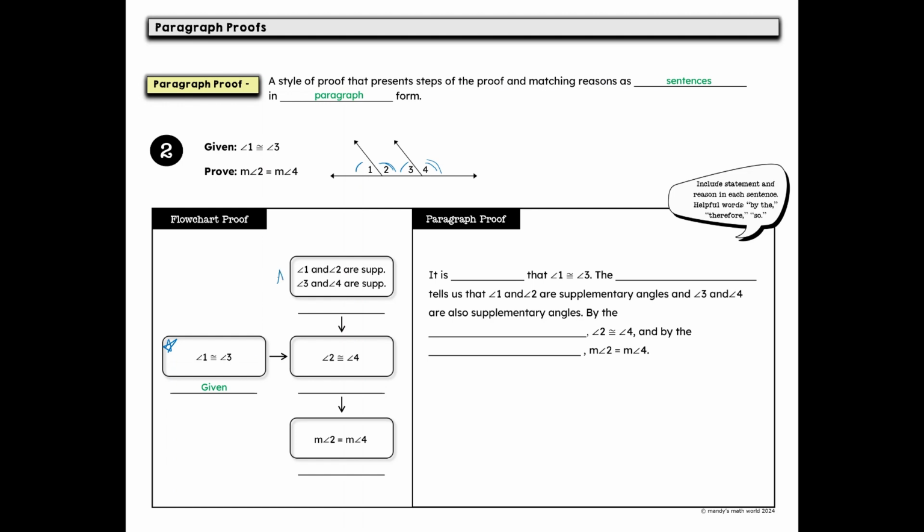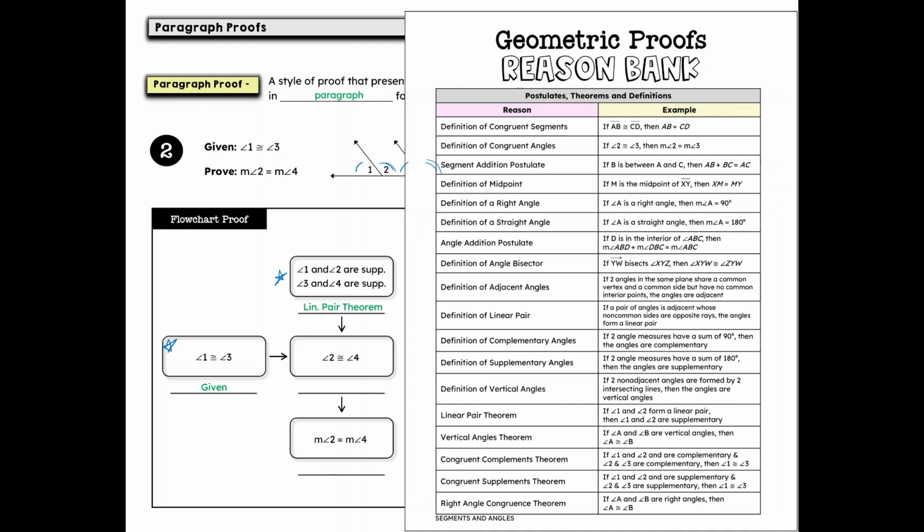And then I have up here, notice we're kind of starting up here where we don't have any arrow going to it. It's just our first thought is that angle 1 and angle 2 are supplementary, and angle 3 and angle 4 are supplementary. Well, we know that by the linear pair theorem. Take your geometric proofs reason bank.